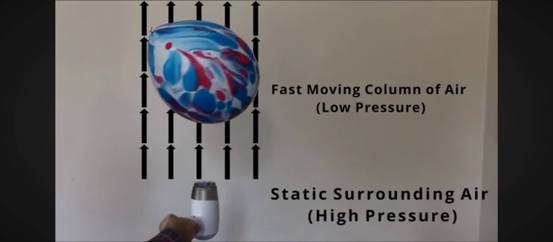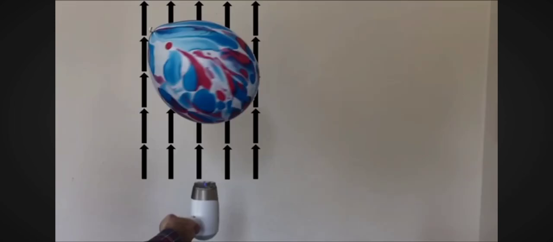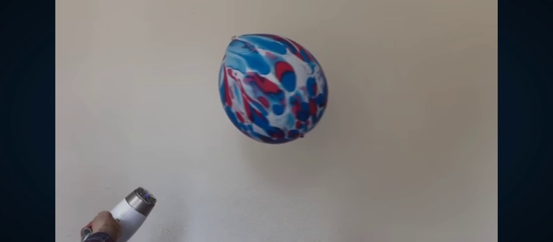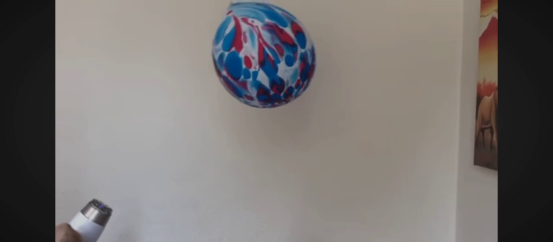There is a fast-moving column of air around the balloon, while the surrounding air is stationary. When the hairdryer is rotated, the balloon moves to the side and remains afloat. This is how we know that faster moving air creates lower pressure. The surrounding air is pushing the balloon back into the fast-moving column of air.